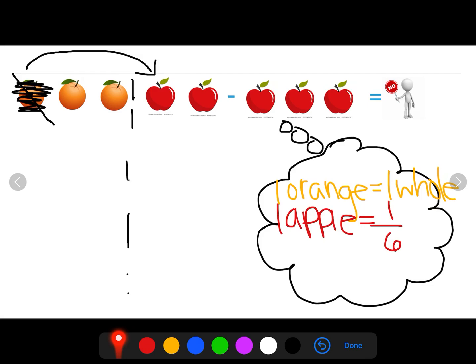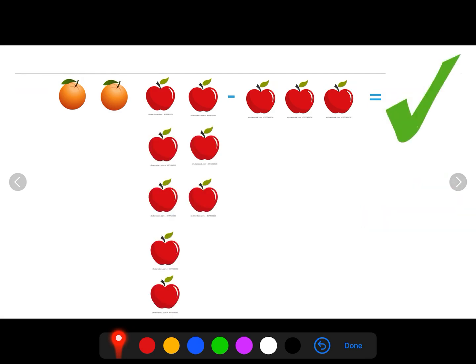If you said 6/6, you are absolutely correct. I'm going to be giving 1, 2, 3, 4, 5, 6 apples, or 6/6, or 1 whole, because each orange represents 1 whole. You'll notice, you guys, I no longer have 3 oranges. I have 2 oranges because I gave 1 orange to my apples and I turned them into 6 apples.